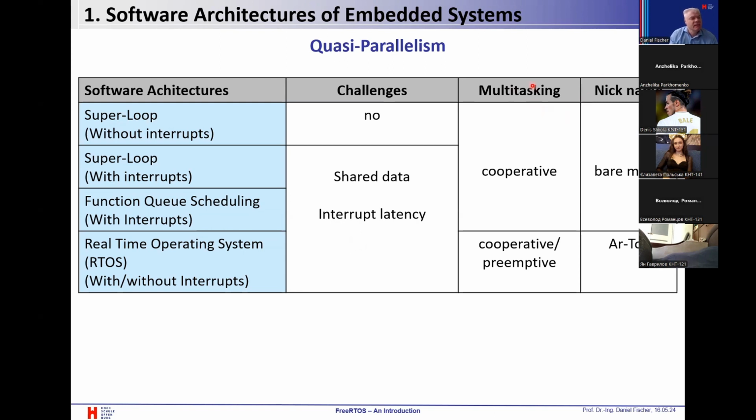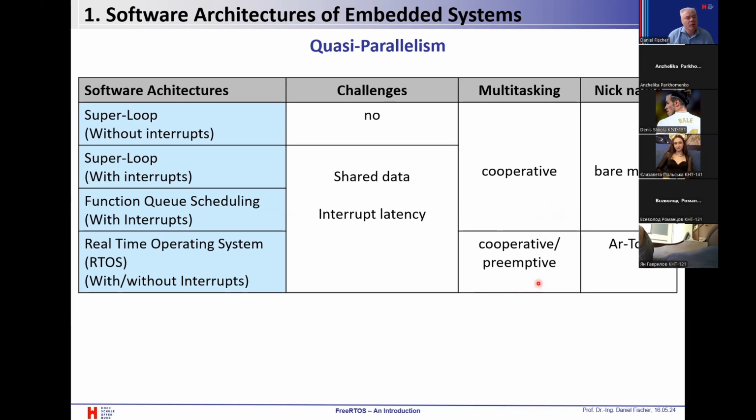Here you can see the first three architectures. They do a kind of multitasking which we call cooperative. That means each task, which you can consider later as a task, has to finish some functions and then give the control back to other tasks.